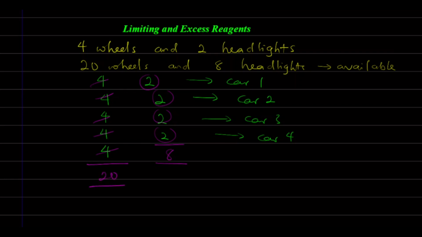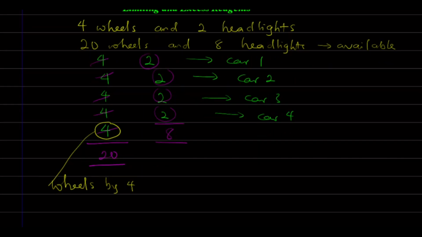Whereas we are still having 4 wheels in the industry, yet we have used up the headlights. From this, the excess reagent is the wheels. The wheels are the excess reagent. It is in excess by 4. While the headlight is the limiting reagent.